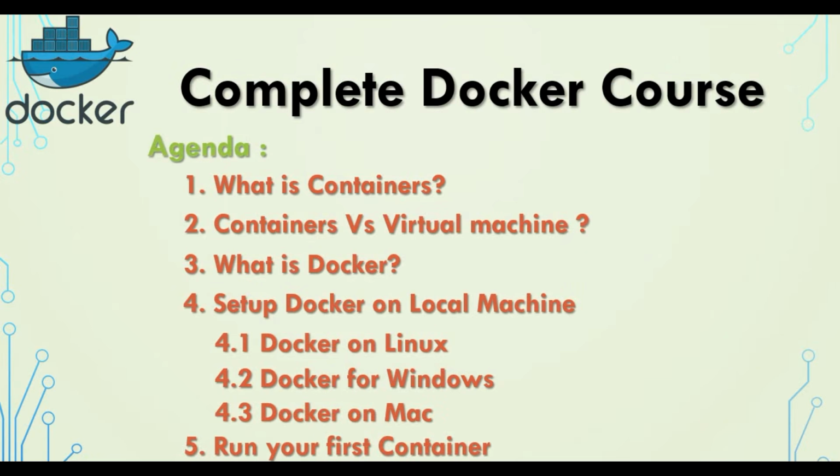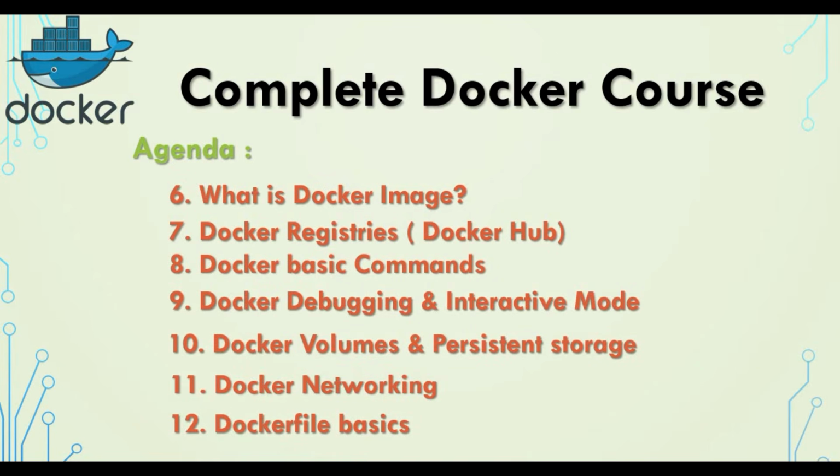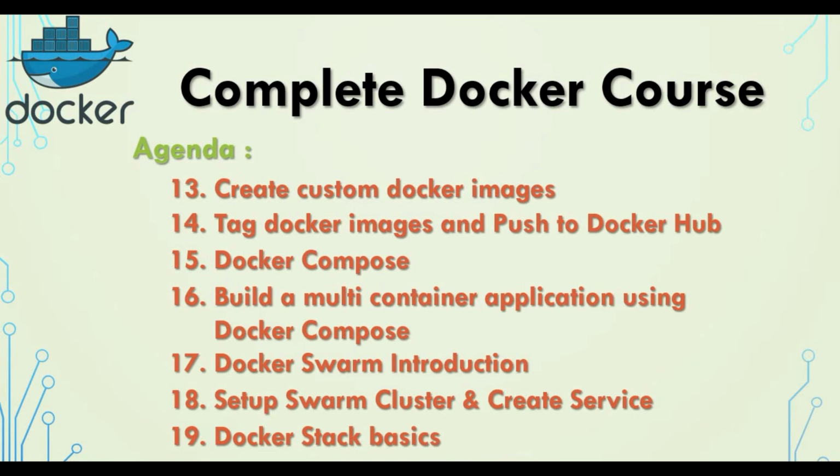So just to reiterate, we covered what are containers versus virtual machines, what is Docker, setting up Docker on Linux, Windows, Mac, running your container, all those things we have done. What is a Docker image, Docker registries like Docker Hub, some of the Docker basic commands, how to debug Docker containers, Docker volumes and persistent storage, Docker networking, the Dockerfile concept, how to create your custom Docker image using a Dockerfile, how to push this image to Docker Hub.